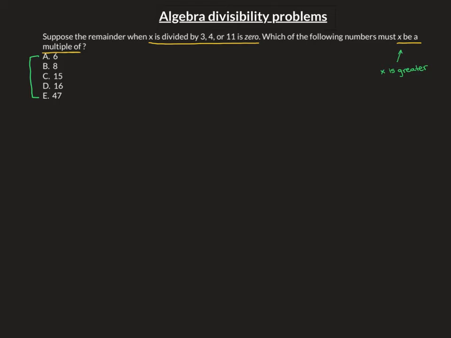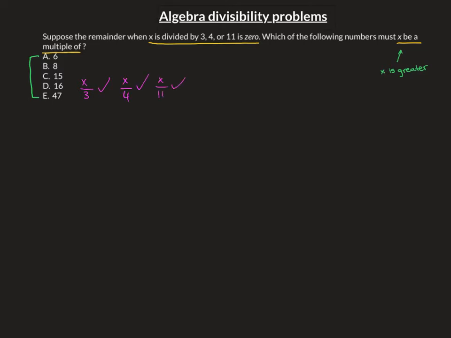One way that you can find out what number x is a multiple of is you can test and then cancel the number out. So we just take 3, 4, and 11. That means x divided by 3 works, x divided by 4 works, and x divided by 11 works.